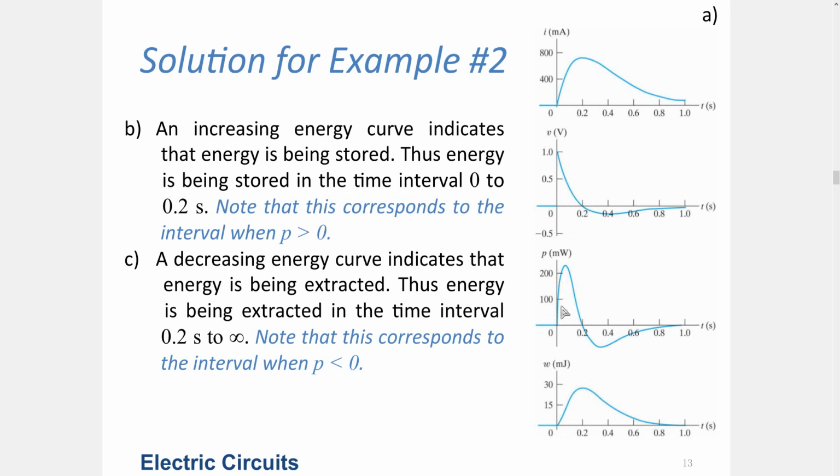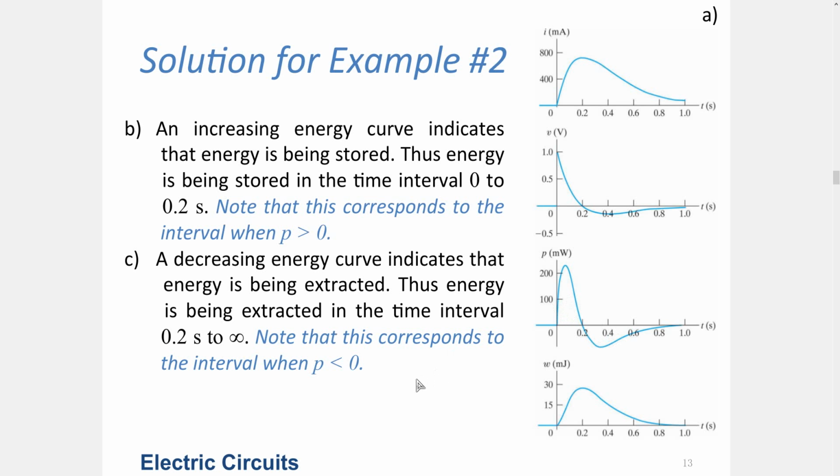When we have positive power, we are basically storing the energy in the magnetic field, and when the power becomes negative, we will be returning the stored energy back to the circuit that we are connected to.